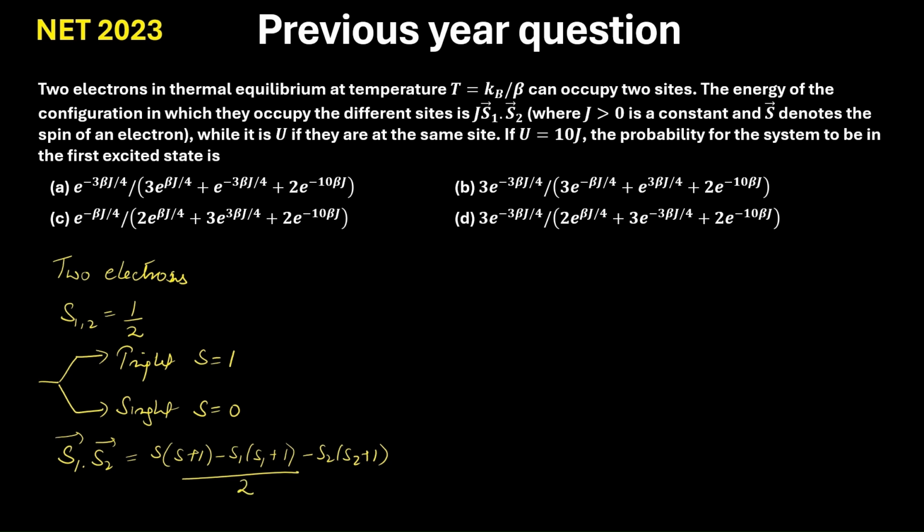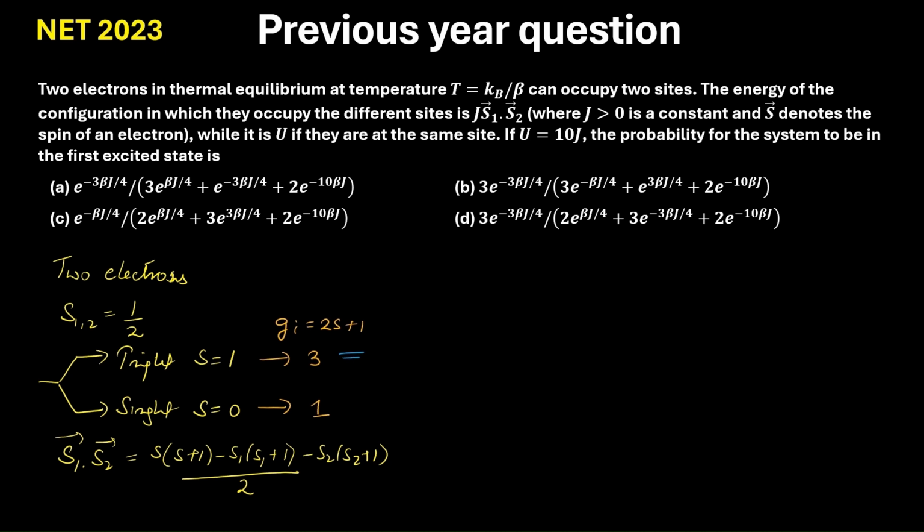Now, also, the degeneracy is given by 2S plus 1. So in this case, we have a degeneracy of 3. In this case, we have a degeneracy of 1. Now, using this concept, we can calculate the energy.